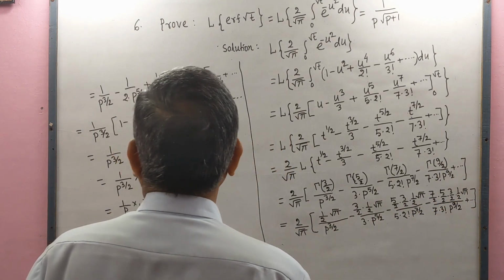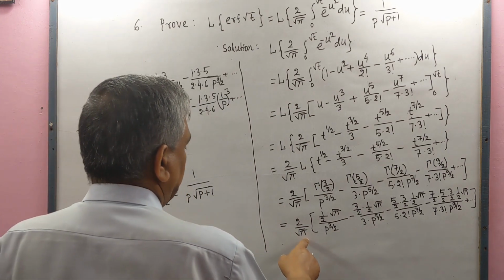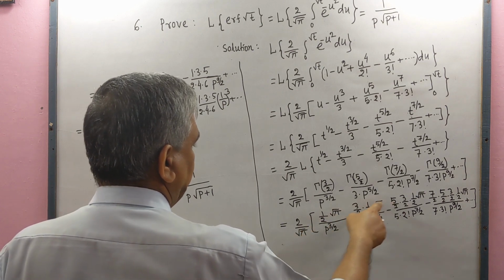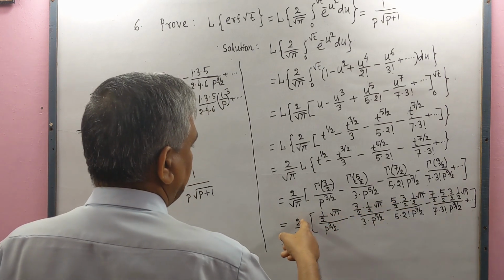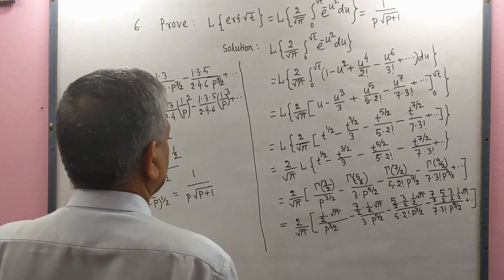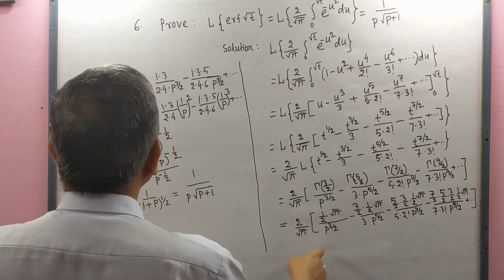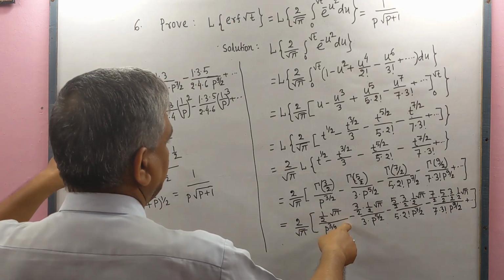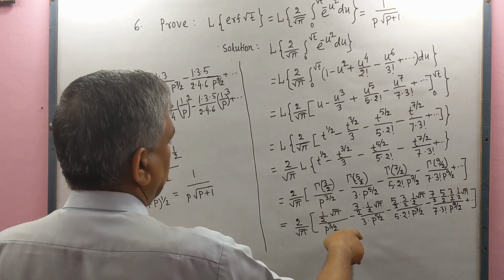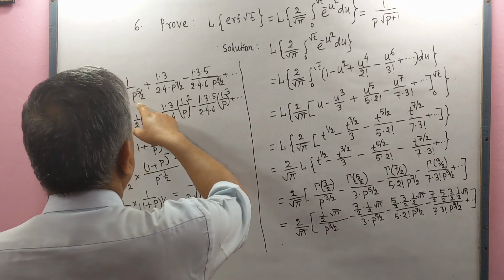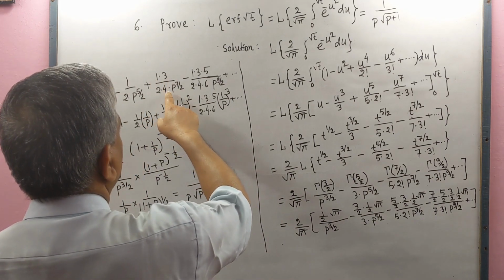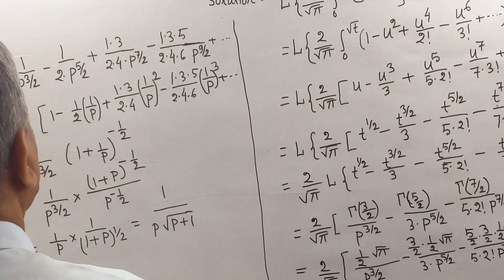Now we take here square root pi into square root pi, and the square root pi cancel. If we take common square root pi and half, then this term cancels. The remaining terms are 1 by p to the power 3 by 2 minus 1 by 2 p to the power 5 by 2, next 1 into 3 by 2 into 4, p to the power 7 by 2, and in this way.